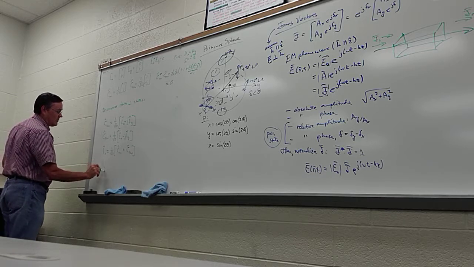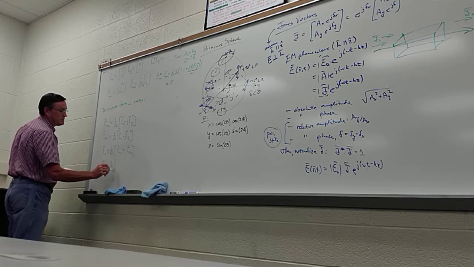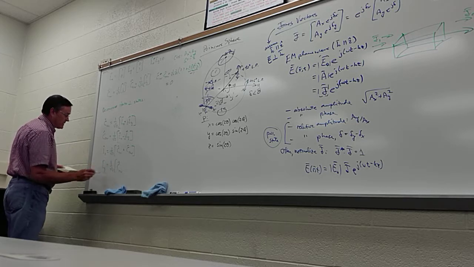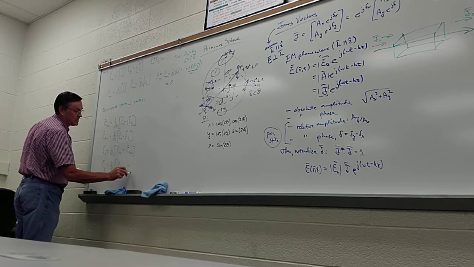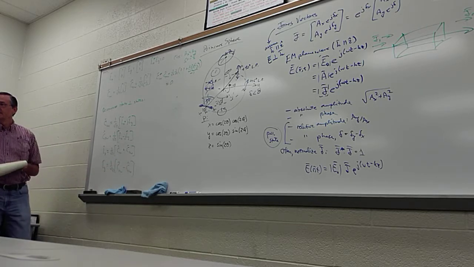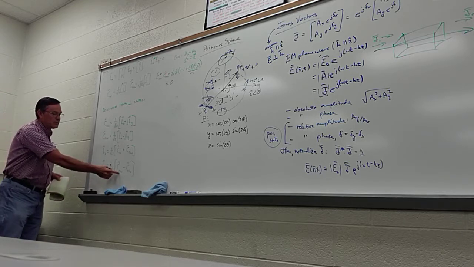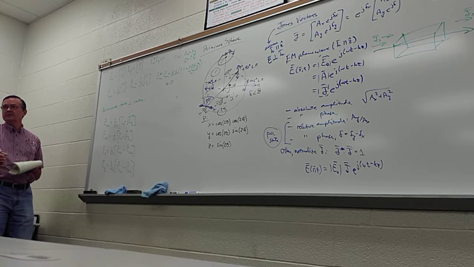Similarly, Ly is 1 over root 2 times clockwise circularly polarized light minus counterclockwise circularly polarized light. So take some clockwise circularly polarized light, an equal amount of counterclockwise circularly polarized light shifted by 180 degrees, that's the minus sign, add them together, you get y linear polarization.